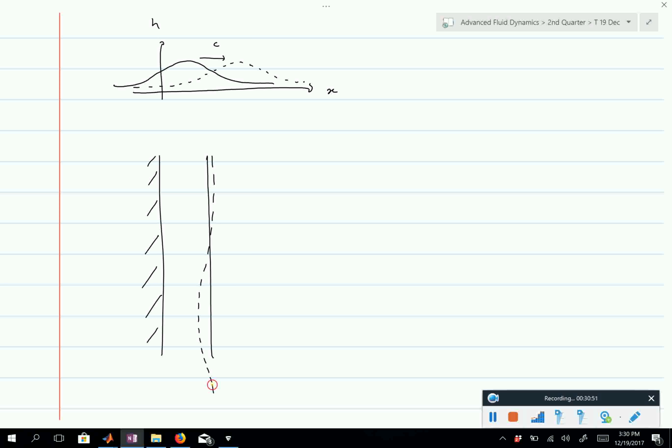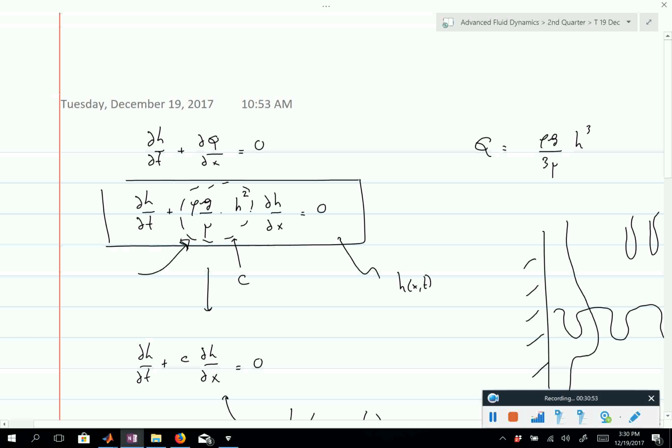You can even compute the velocity c. If h is, I don't know, 10 microns, you can just plug in the numbers. Rho for paint is heavier than water, so maybe 2000, g is 10, mu is maybe 1 or 10 to the minus 1, and h is probably 0.1 millimeter or 0.01 millimeter, so 10 to the minus 4.